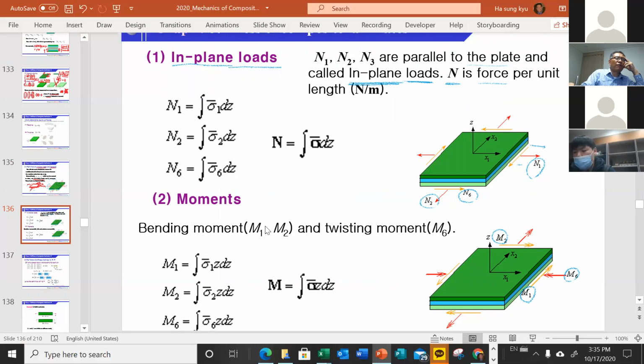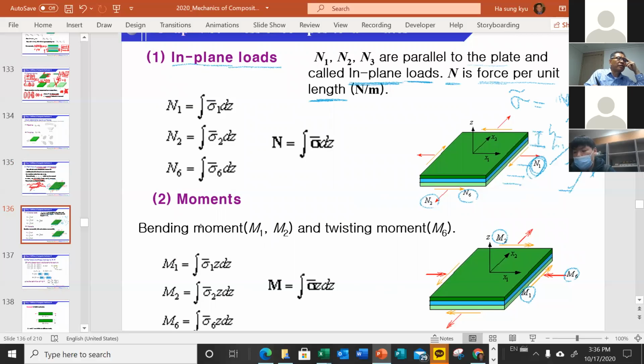Actually, N1 is the force we are applying, divided by this length L. So N1 is the force per unit length. Please remember this. If we divide N1 by this H, it will be a sort of equivalent stress, but we don't apply the stress, we apply the in-plane load.